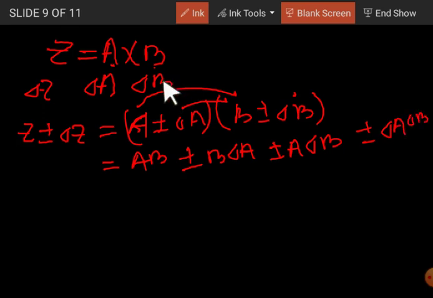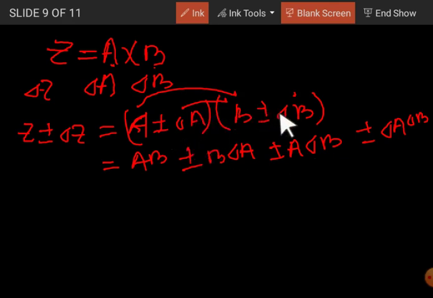You know that error is always a very small quantity. So if you open the bracket by multiplying b with a, you will get ab. B with plus minus delta a, you are getting this one. Similarly, plus minus delta b with a, if you multiply it, you will get plus minus a delta b.